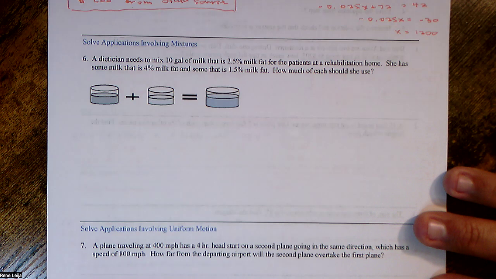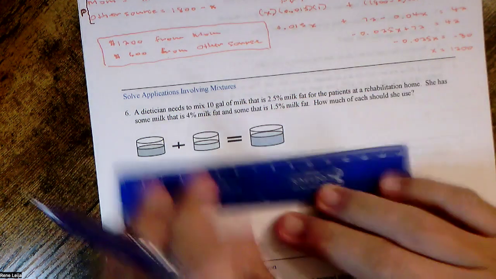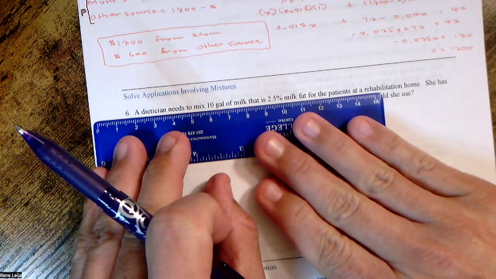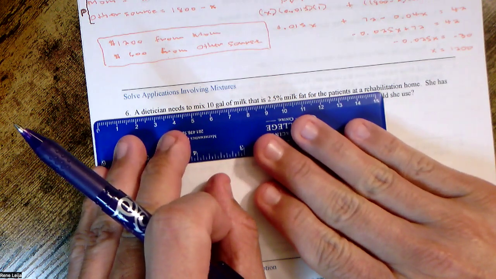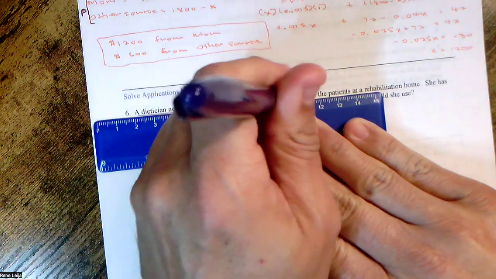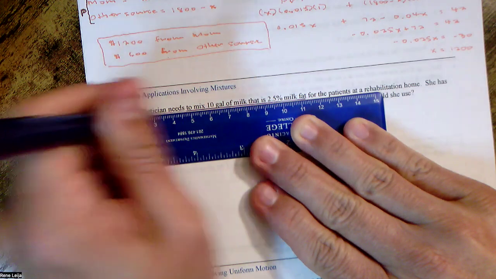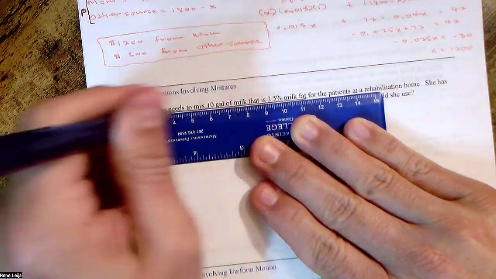Okay, now the first sentence is where we're going to get our verbal model from. Okay, it says a dietitian needs to mix 10 gallons of milk that is 2.5% milk fat.